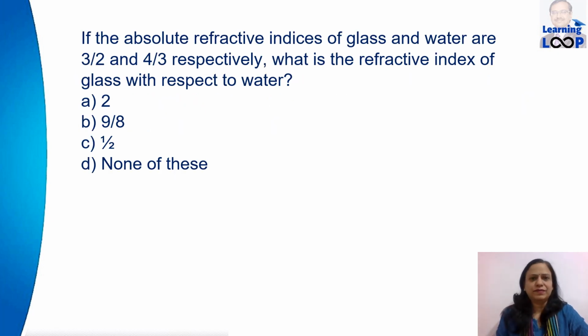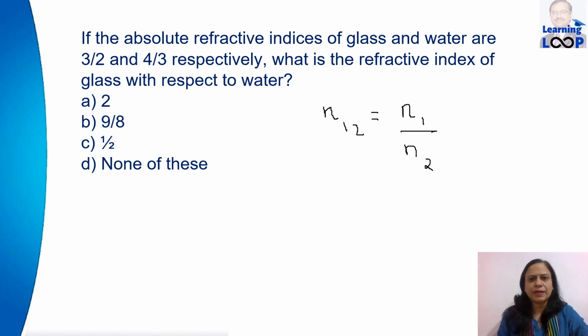Another question: if the absolute refractive index of glass and water are 3/2 and 4/3 respectively, what is the refractive index of glass with respect to water? This is just what we discussed a few moments ago. Refractive index of medium 1 with respect to medium 2 is equal to refractive index of medium 1 divided by refractive index of medium 2.